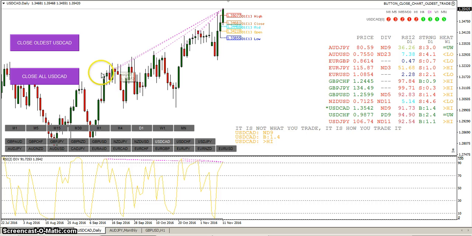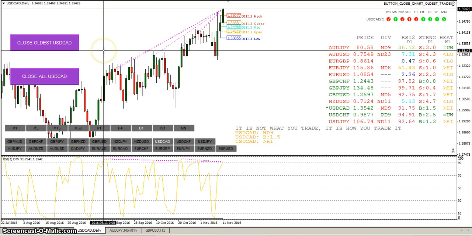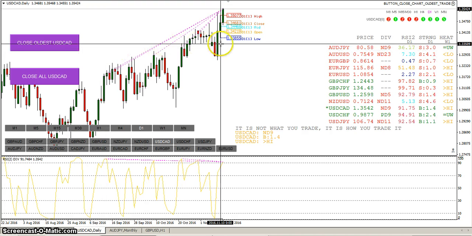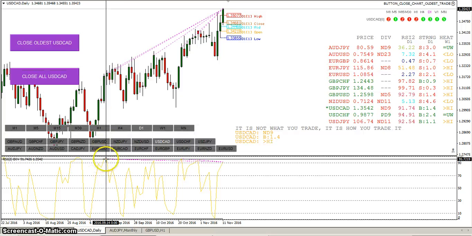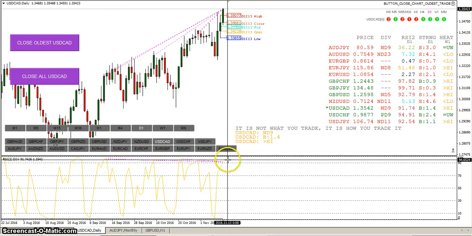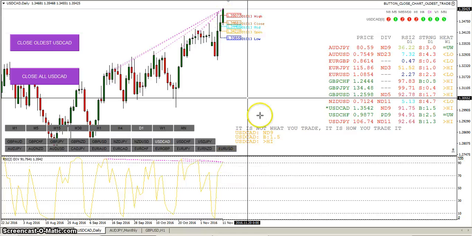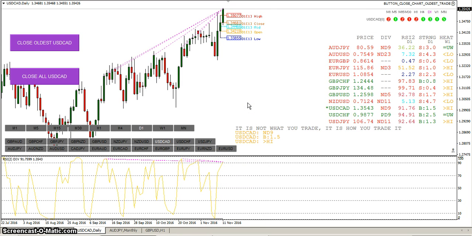So you can see here, this value is higher than this value, but the RSI2 indicator is giving a lower value. That's negative divergence. That signals a sell.